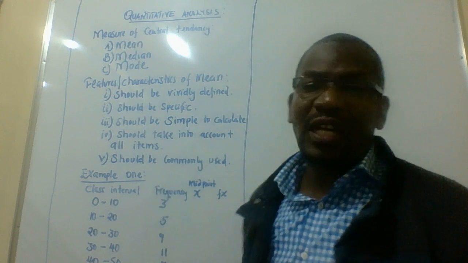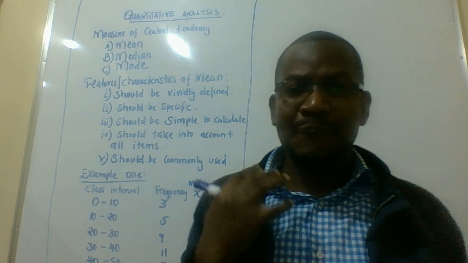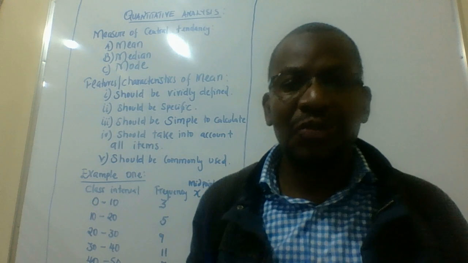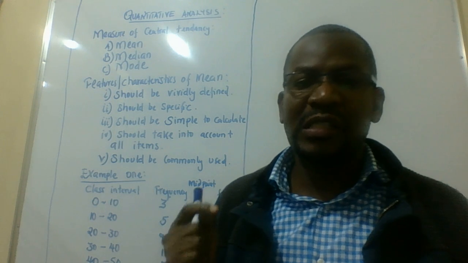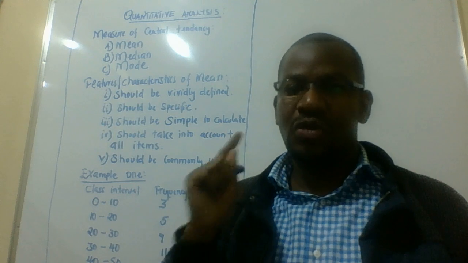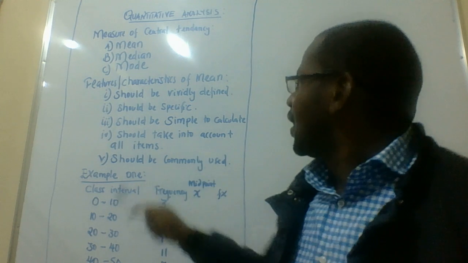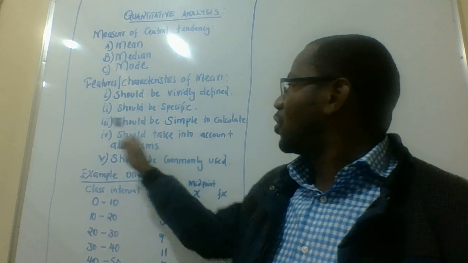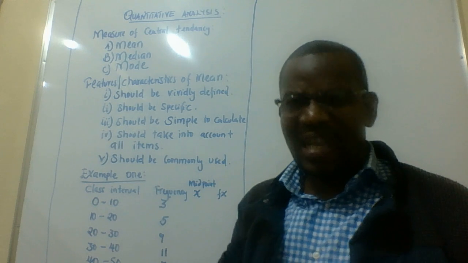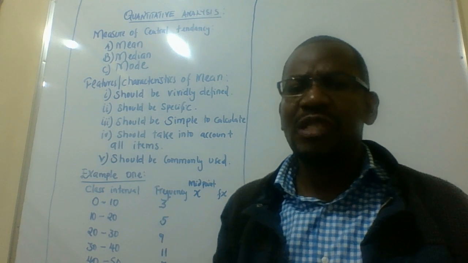It should be simple to calculate. It should take into account all items, the items given, the variables given.